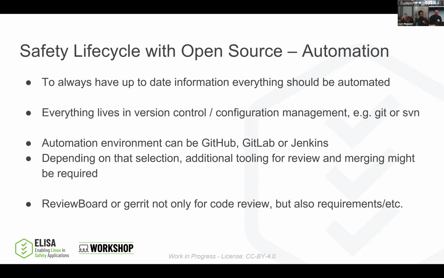So if I get a test report from an EMC test lab and want to integrate that, then with Review Board I can also do the review of this PDF, include that in the traceability chain, merge that in and approve it.